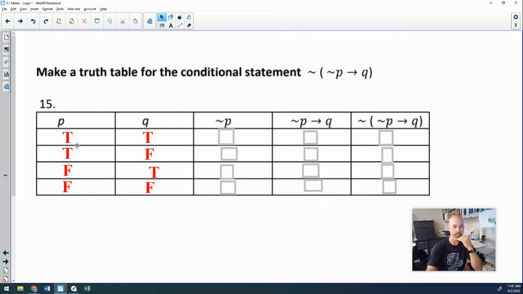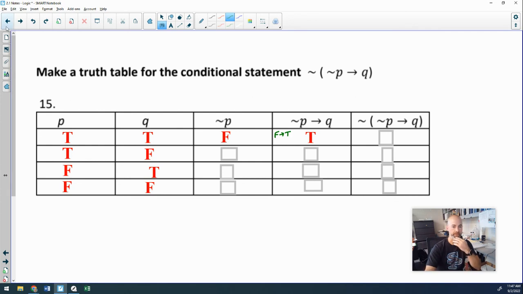What we're going to do is see what happens if we negate the P. We're ultimately looking for the negation of not P then Q. If I change P, which was true, to false, now not P leads to Q: false leads to true. And false leads to true is going to lead to a true statement.